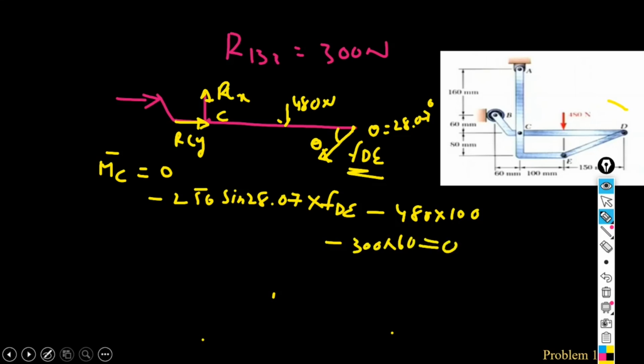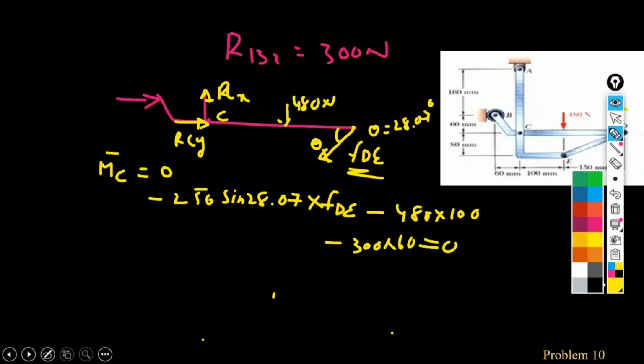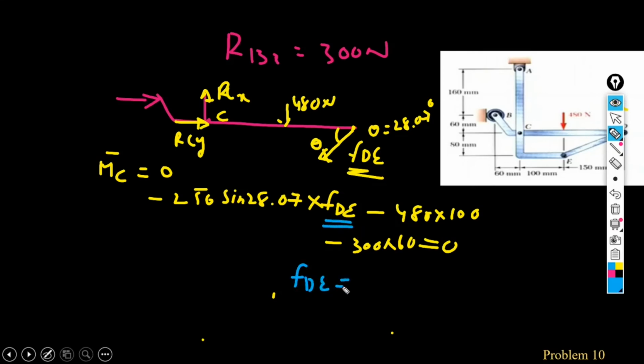Because about point C, all the forces are having clockwise moments only, that's the reason we are taking all negative signs here. Then from this equation, FDE is equal to minus 561 newtons.